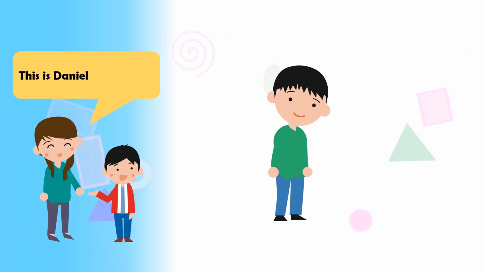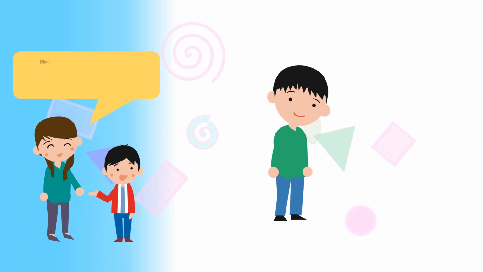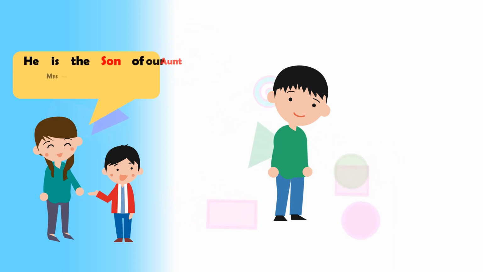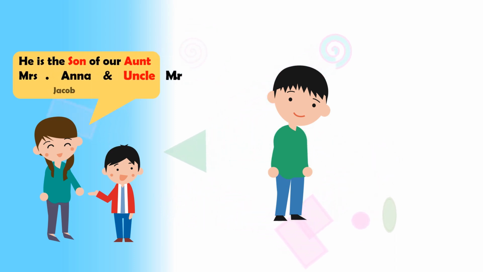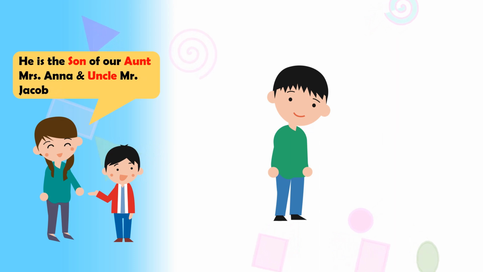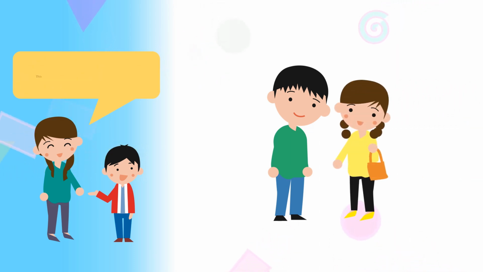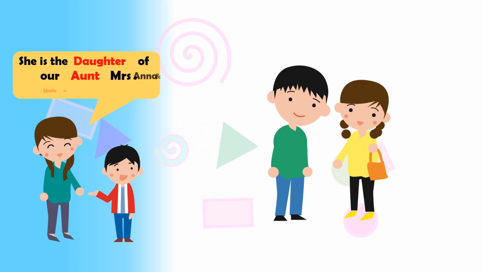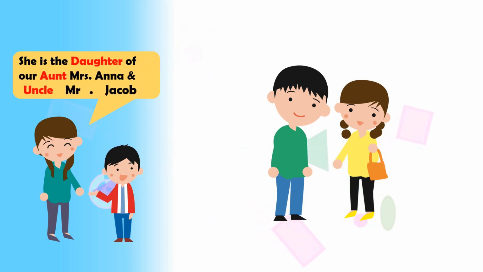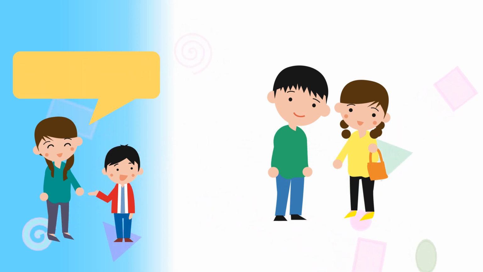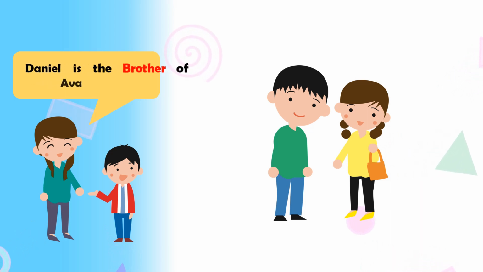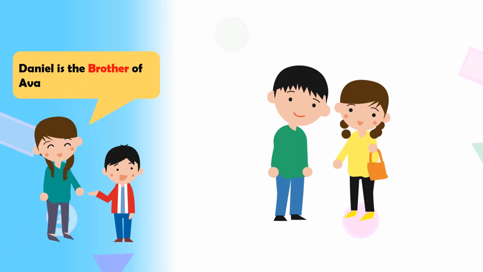This is Daniel. He is the son of our aunt Mrs. Anna and uncle Mr. Jacob. This is Eva. She is the daughter of our Aunt Mrs. Anna and Uncle Mr. Jacob. Daniel is the brother of Eva.